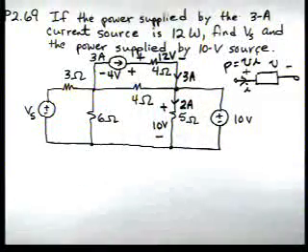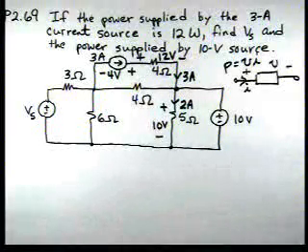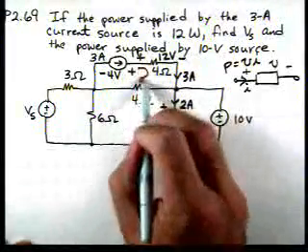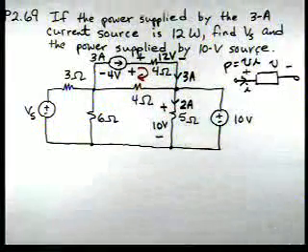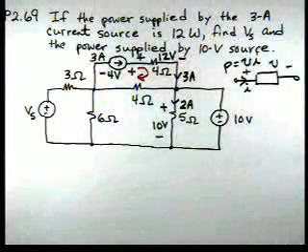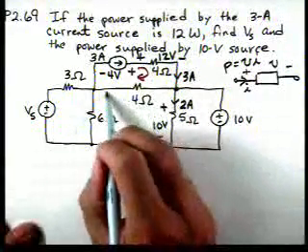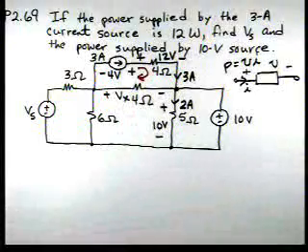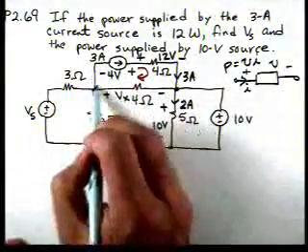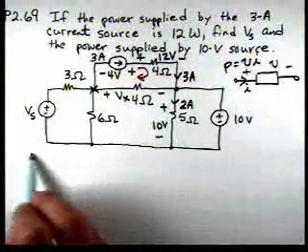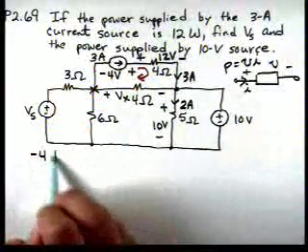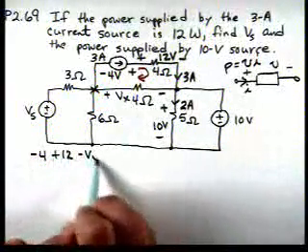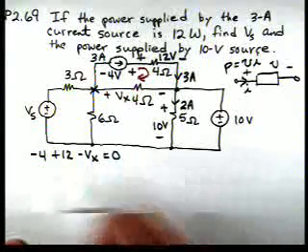Now, if we look at Kirchhoff's voltage law around this loop, let's define this voltage as Vx. If we apply KVL around this loop, starting here and going around clockwise, we'd have minus 4 plus 12 minus Vx equal to 0.